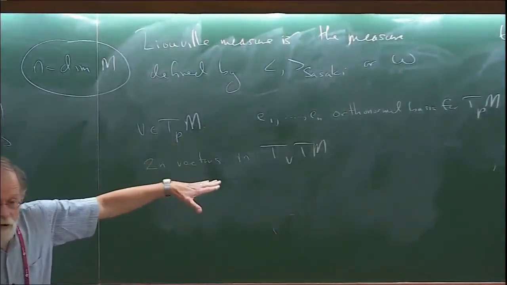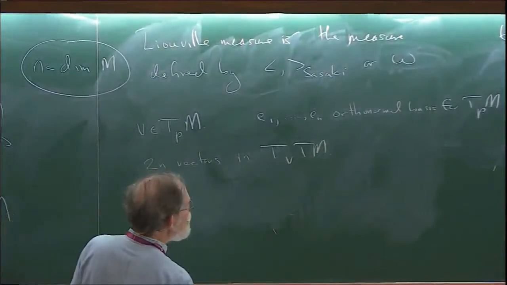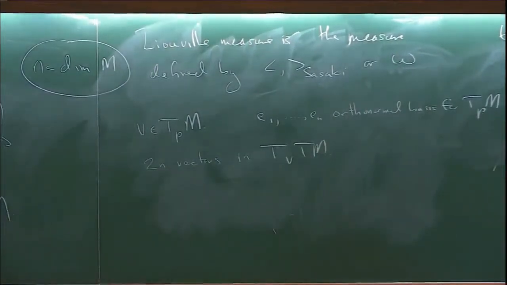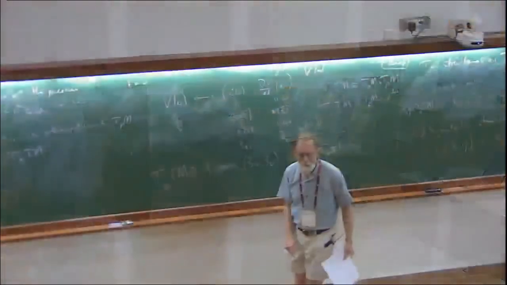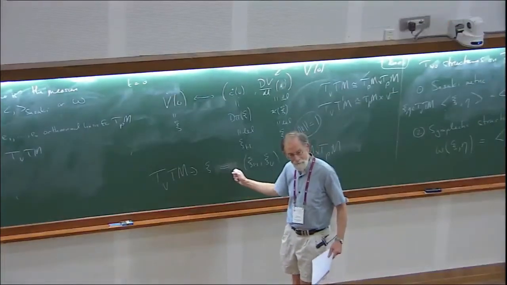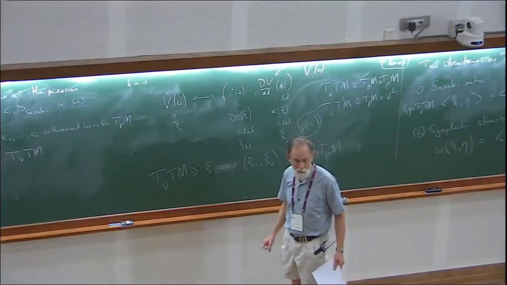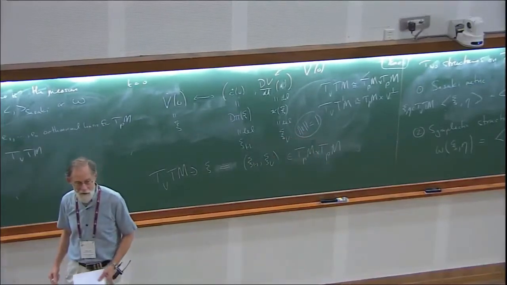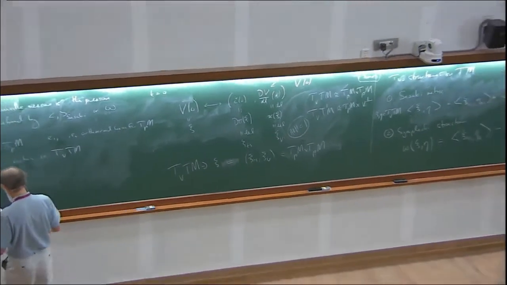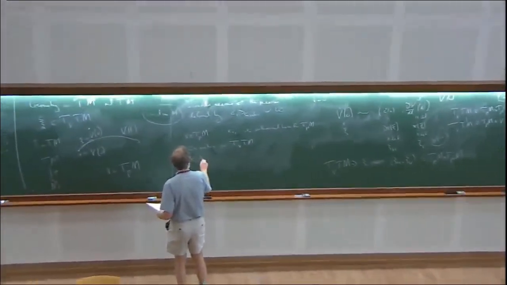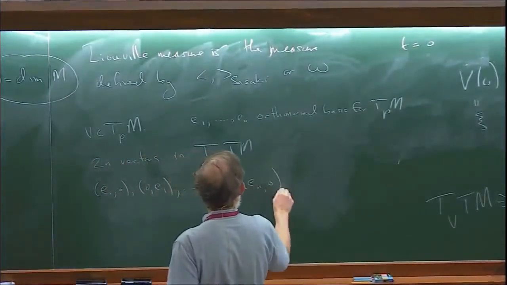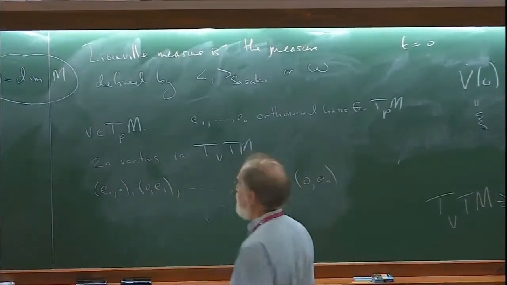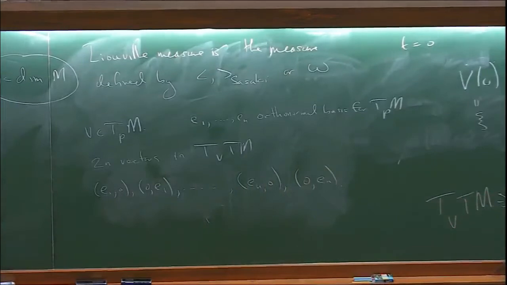That's 2n, the dimension of the tangent bundle. And so I'm actually going to write them down in this form. And basically, at some point, rather than correspondence, I start abusing notation and write equals. I certainly think equals. So I write down E1, comma 0, 0, comma E1, up to En, comma 0, 0, comma En. That's 2n vectors.